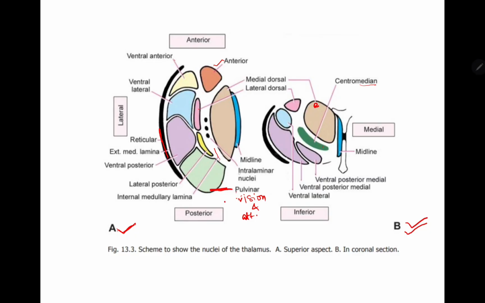This is not shown here, but these are the intralaminar nuclei. Then ventral posterior medial relays face, touch and taste.